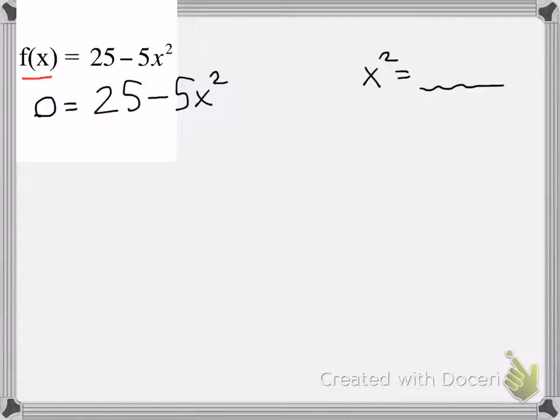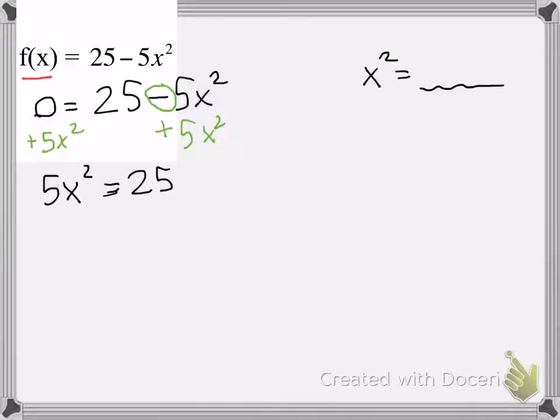So I notice here that I am subtracting 5x squared. So let's move this over to the other side by adding 5x squared to both sides. And then I'll have 5x squared equals 25.